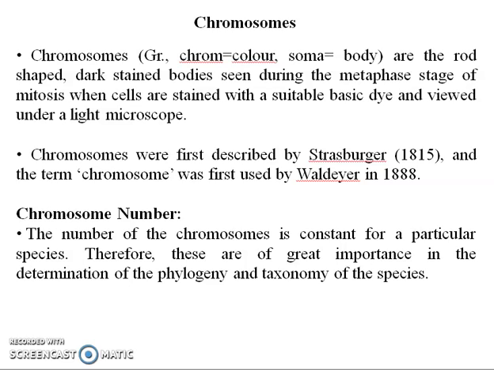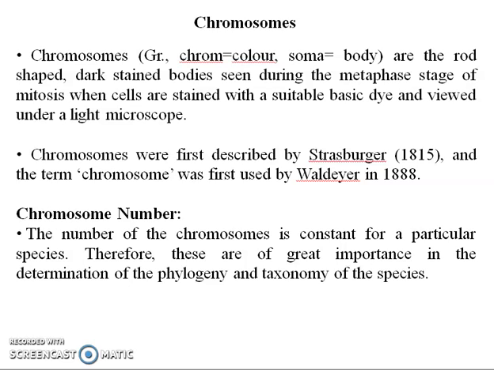It is highly coiled with the help of histone protein. The chromosomes were first described by Strasburger in 1815, and the term chromosome was first used by Waldeyer in 1888.